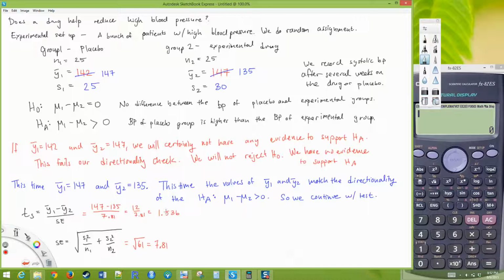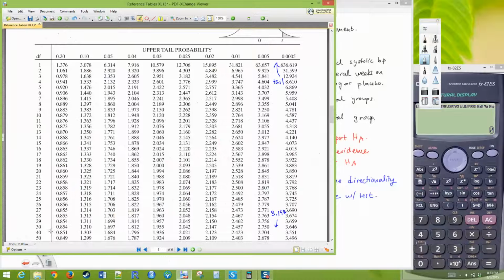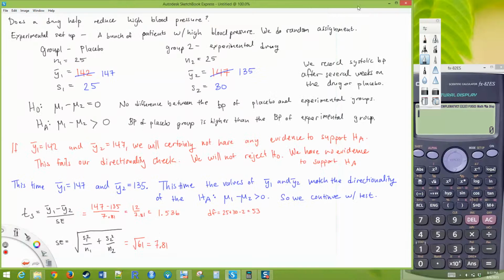Alright, so I'm going to look this up in the t-table with degrees of freedom equal to 25 plus 30 minus 2, 53 degrees of freedom. I go to the table and I don't see 53 degrees of freedom. Oh, I'm sorry, 25 plus 25. Oh, I am doing this entirely wrong.